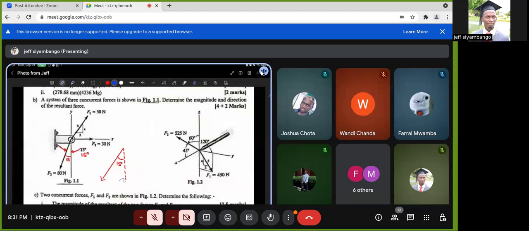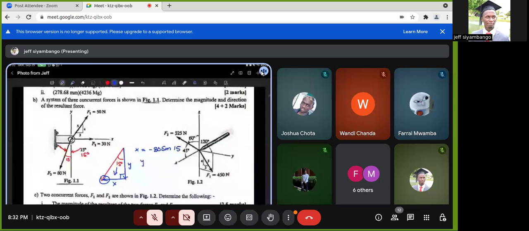So this way we can easily get the components by creating a right angled triangle here. If we claim that this is right angled, the vertical will be y, the horizontal will be x. If we wanted to get the x component, it is opposite to that 15, so it will be given by sine. But it will be going to the left if you follow that arrowhead, so it will be minus the vector itself, which is F2, that is 80, and then sine 15.